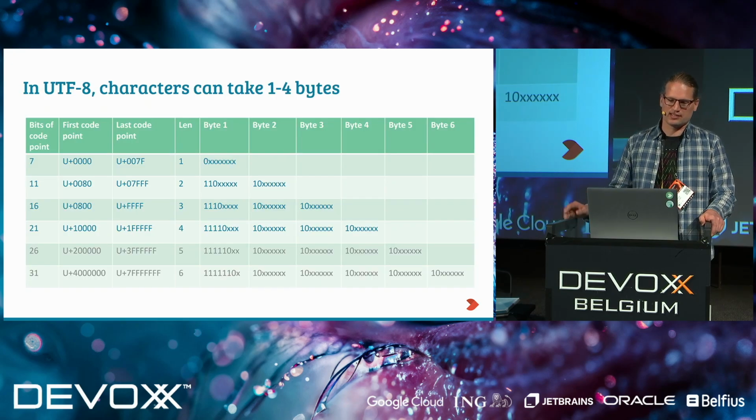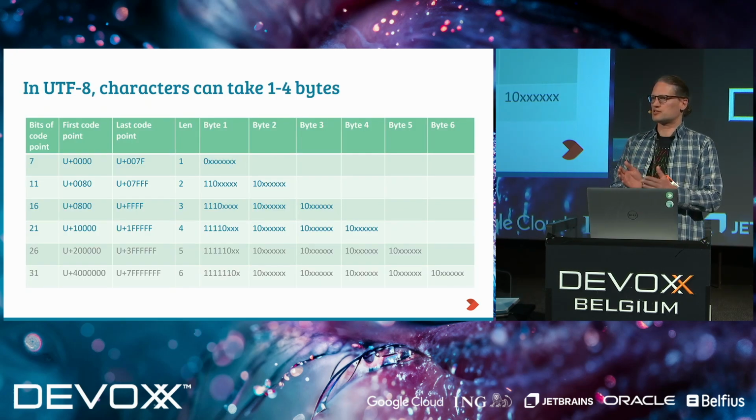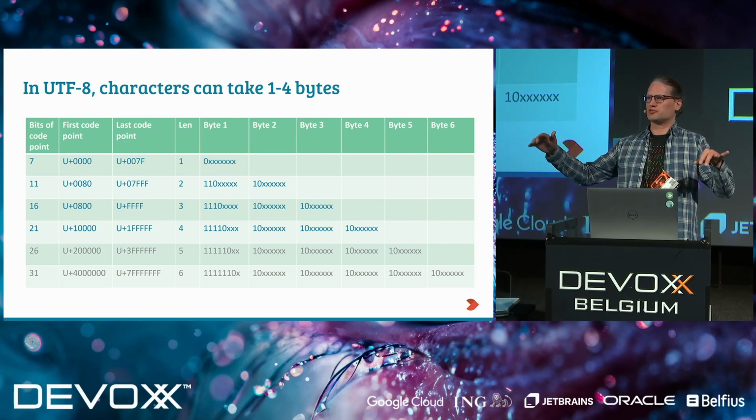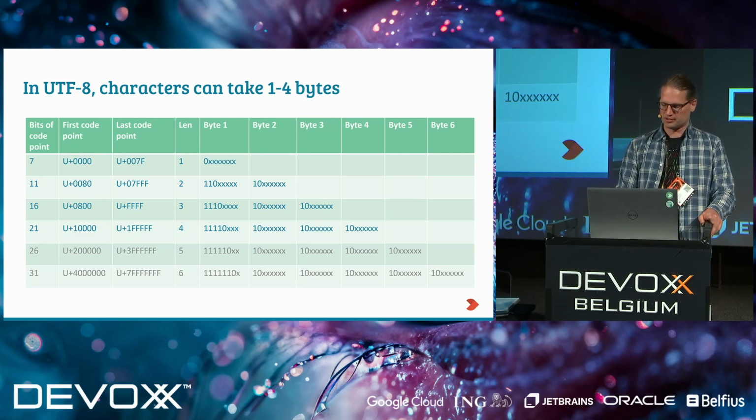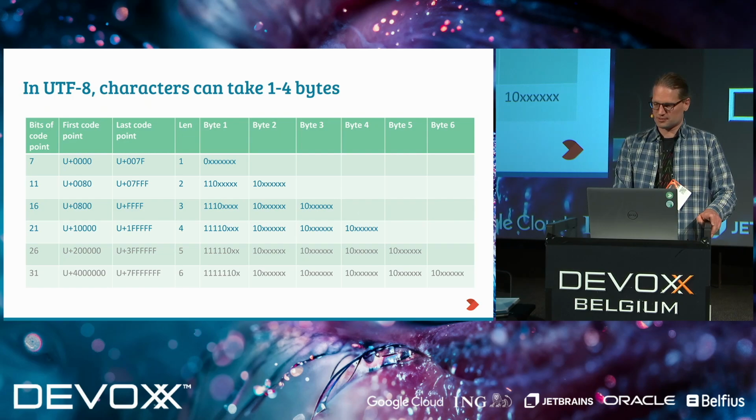Basically, this is how it works: in particular ranges from the Unicode table, the bits get spread around over multiple bytes. So sometimes it's 1, sometimes 2, 3, 4. It can even go on, but as I mentioned, Unicode goes up to 21 bits.